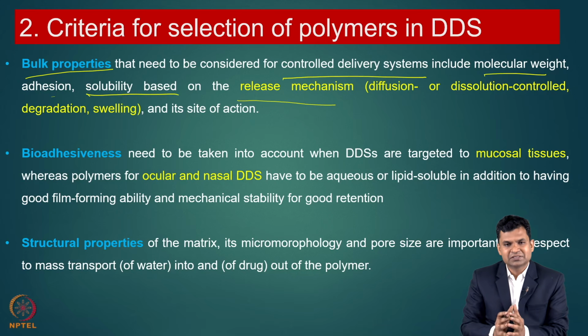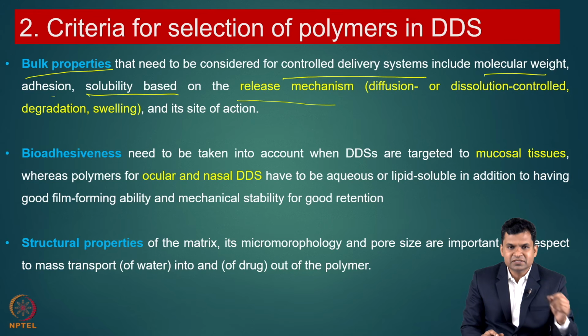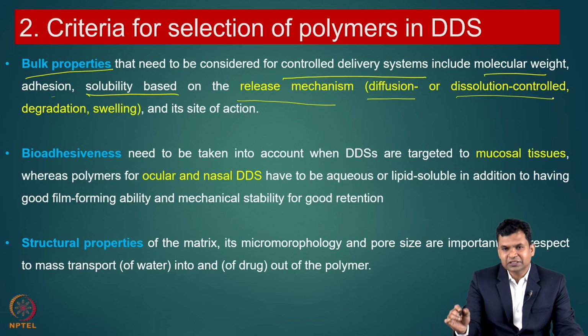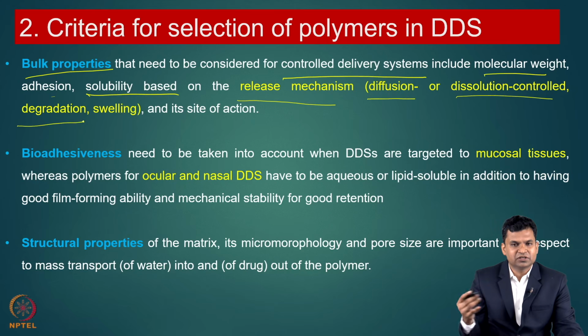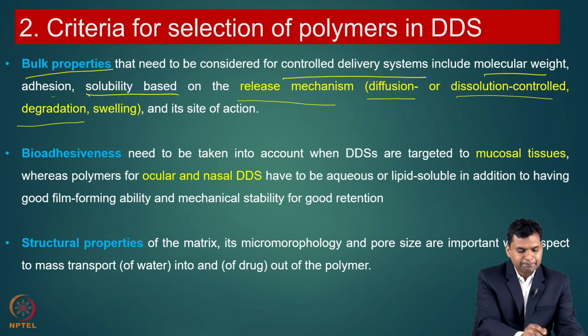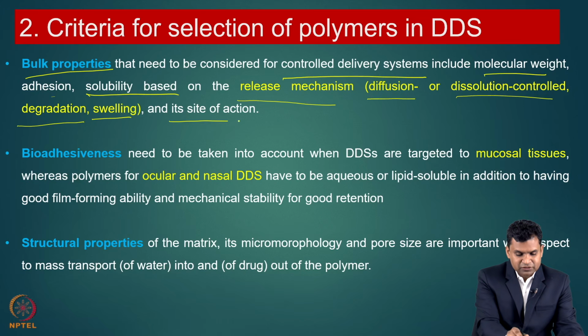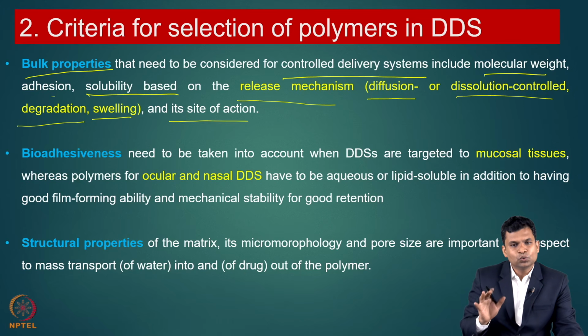When you use polymers, the release happens through various processes. The first is diffusion, and the second is dissolution controlled release, and release also happens through physical degradation of the polymer, and because of swelling of the polymers. Bulk properties are also very important for action at the target site, and so for the selection of polymers.